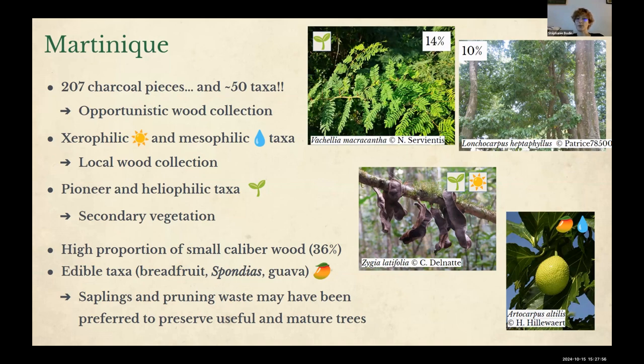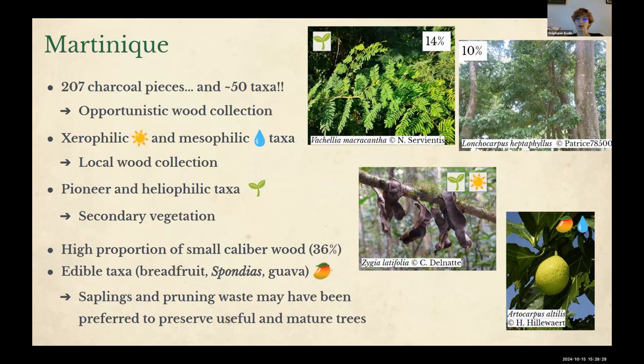And so finally, we found quite a high proportion of small caliber wood, 36%, and also wood from edible trees. This made us think that it tells us something about wood management, because you have to think about an environment that was already heavily degraded, probably where the wood was getting rare.